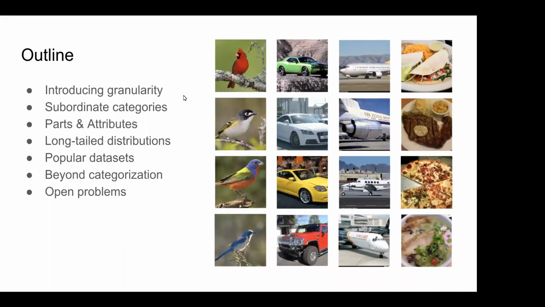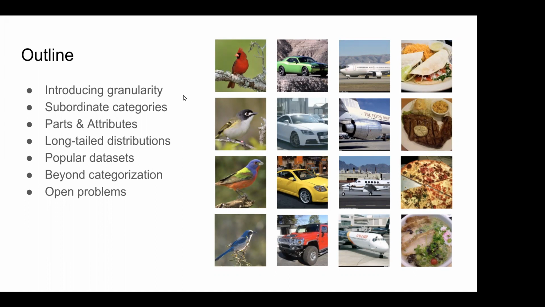So here's a quick glance at the outline of the topics I want to cover. Since this is about fine-grained visual analysis, we need to have an idea of what fine-grained and coarse-grained means. So we're going to introduce granularity. We'll talk about subordinate categories and some of the historical work that's relevant involving parts and attributes.